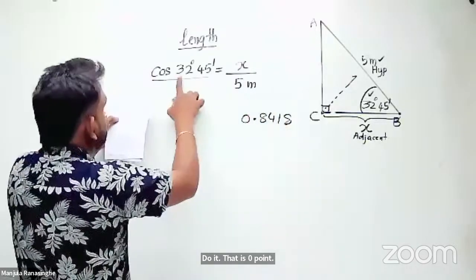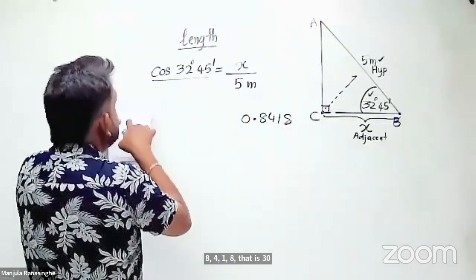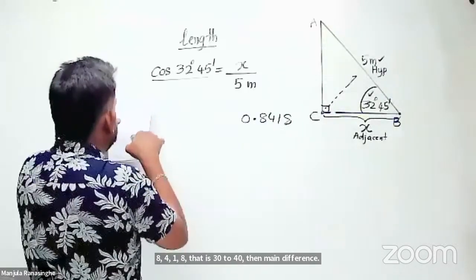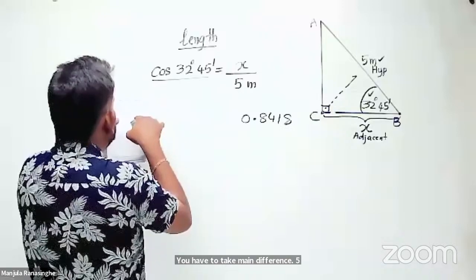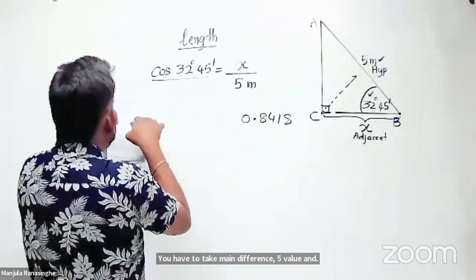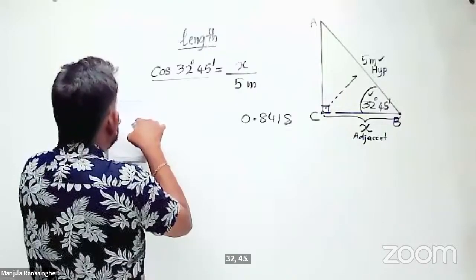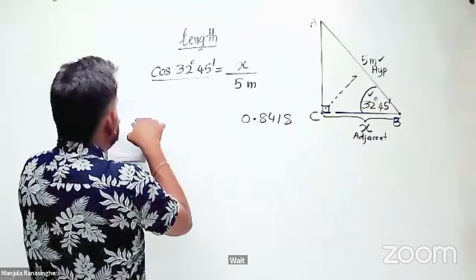That is 0.8418 for 32°40'. Then the mean difference is 5. You have to take the mean difference 5 value and subtract it, since for 32°45' the mean difference is 5, that is 8.